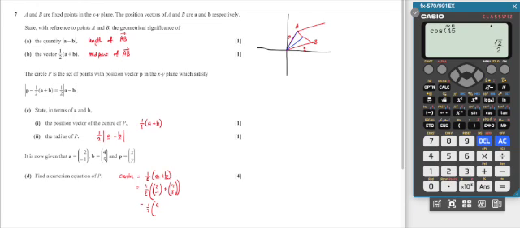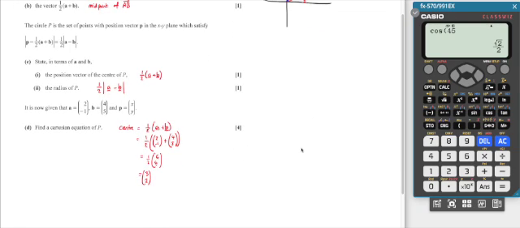Minus 1 plus 5 is 4, which is (3, 2). So my centre is (3, 2).